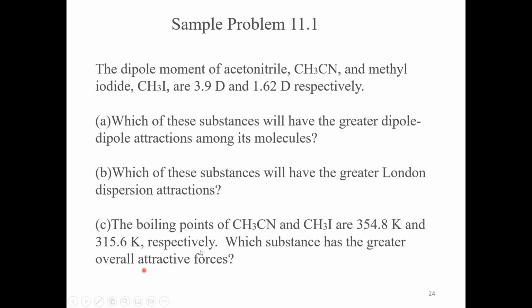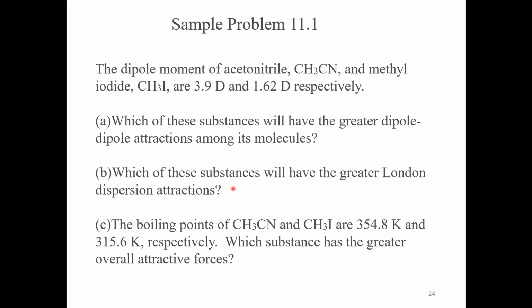And that's why if we look at the boiling points, they're reasonably close, 355 to 316 basically. But since the acetonitrile has the higher boiling point, it's going to need more energy to separate those molecules. So it's going to have the greater overall attraction there. In this case, the dipole-dipole interaction is going to be more important than the London dispersion force.